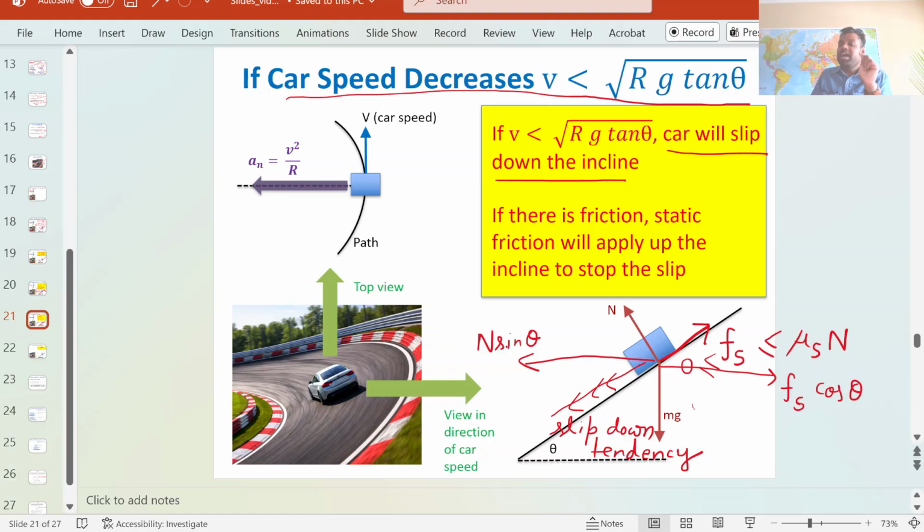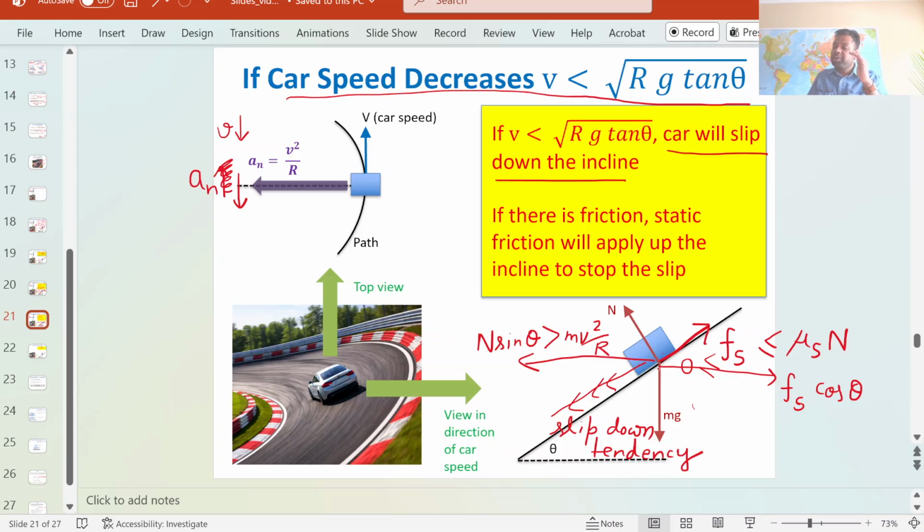So n sine theta is more than mv square by r, because your v is reduced, v is going down, right? Your an is decreased, but n is the same, so n sine theta is more than mv square by r.